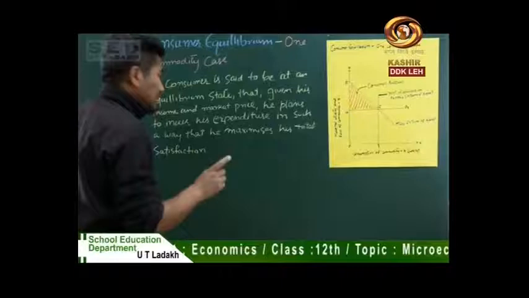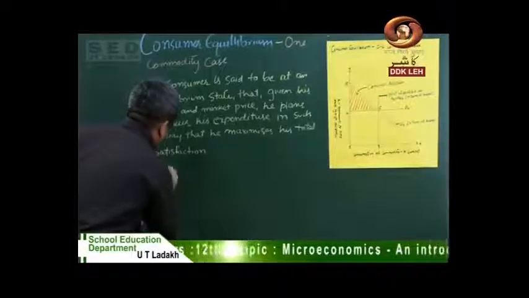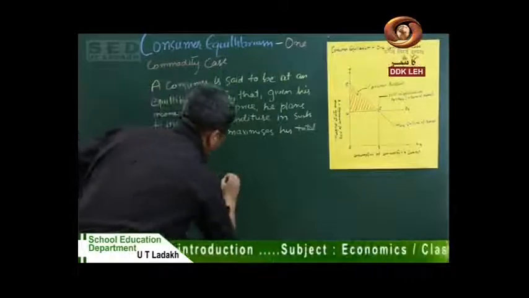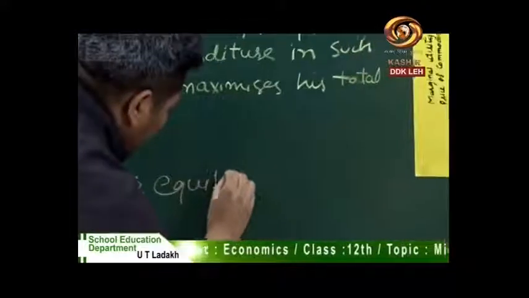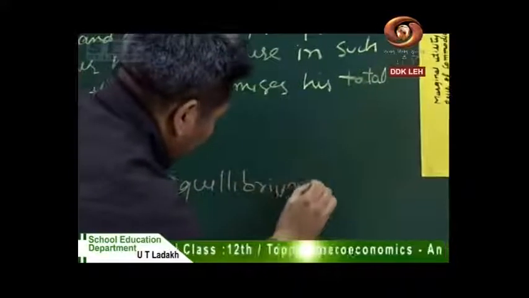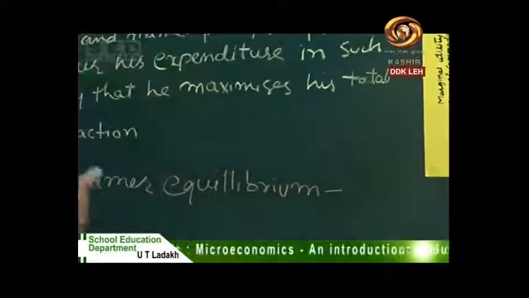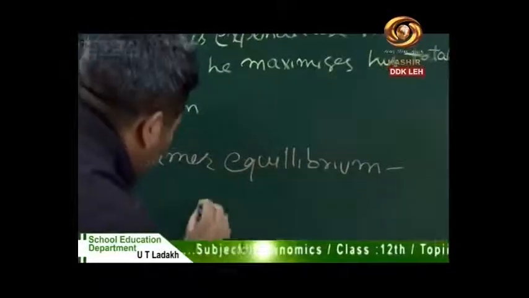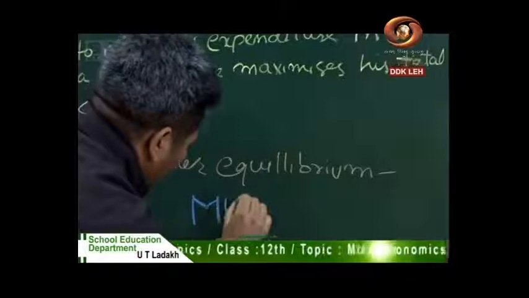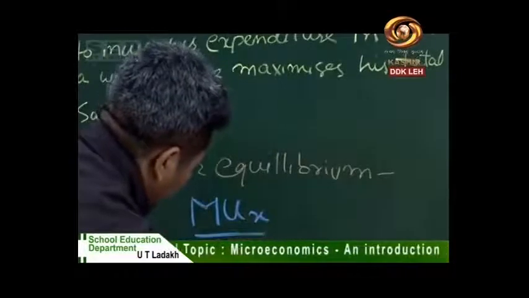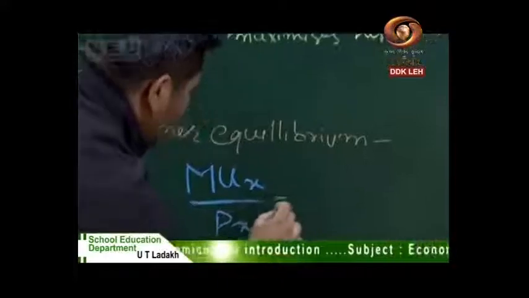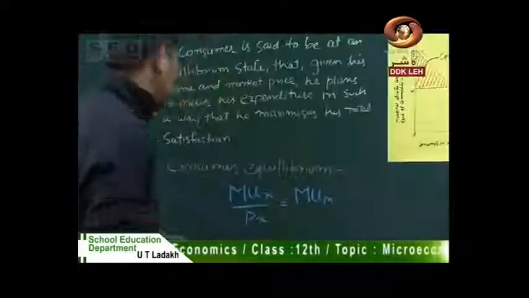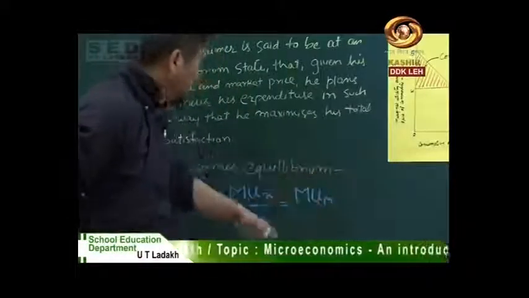So a consumer is said to be in an equilibrium state when he satisfies this condition, that is MUX divided by PX equal to MUM.